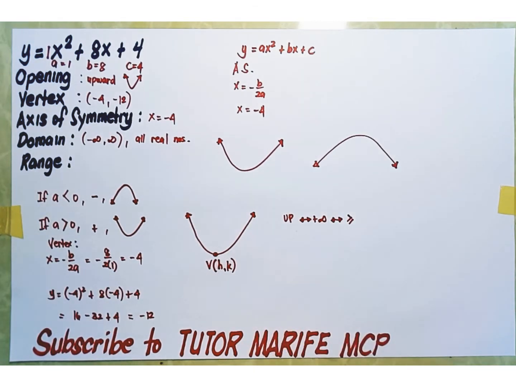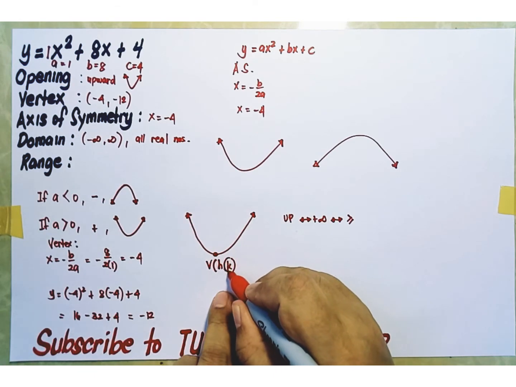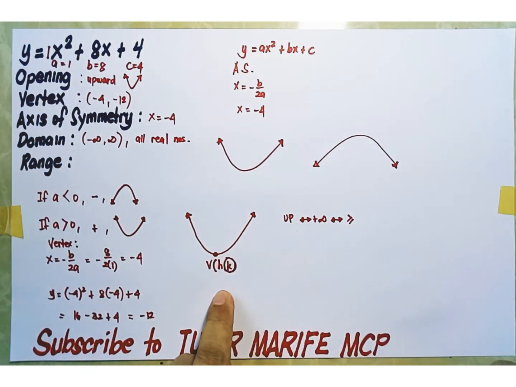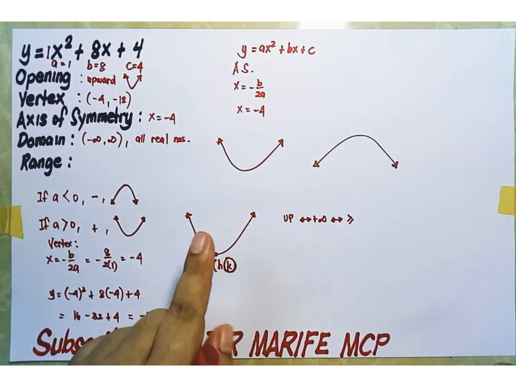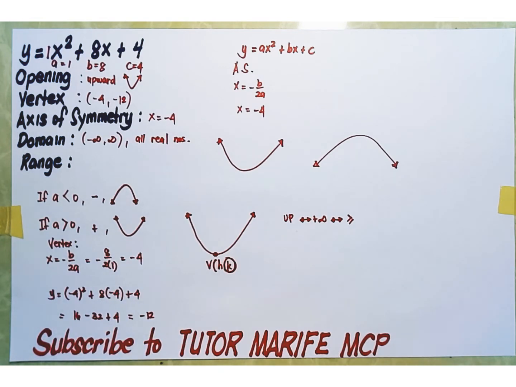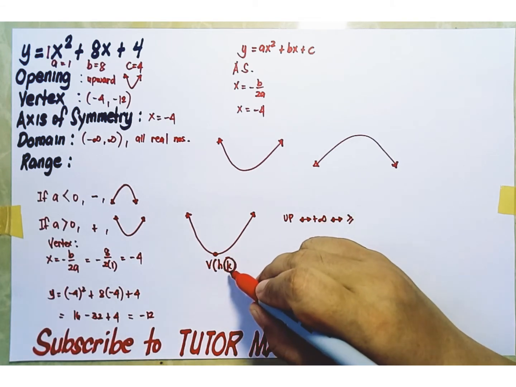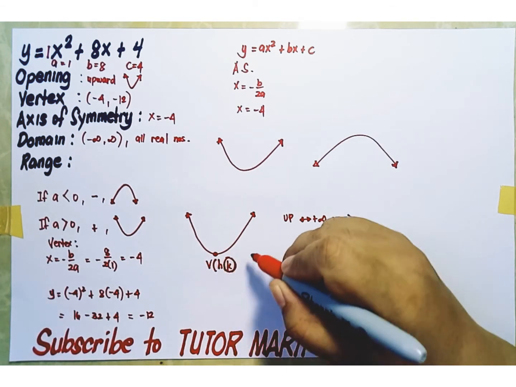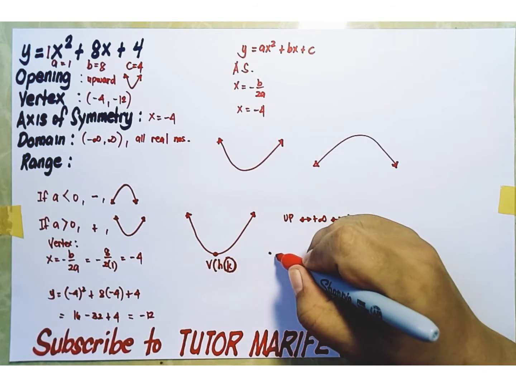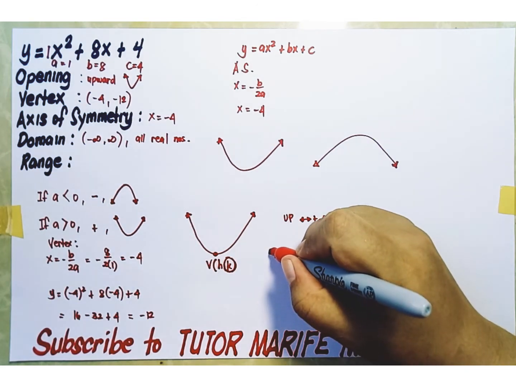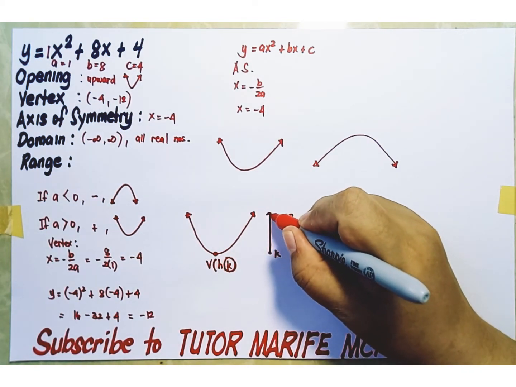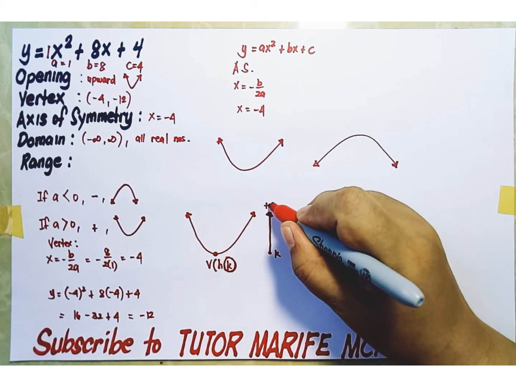And also remember that the range always has the y-coordinate of the vertex. So a graph that opens upward will have a range starting from the y-coordinate of the vertex, which is also the minimum value of y, towards positive infinity.